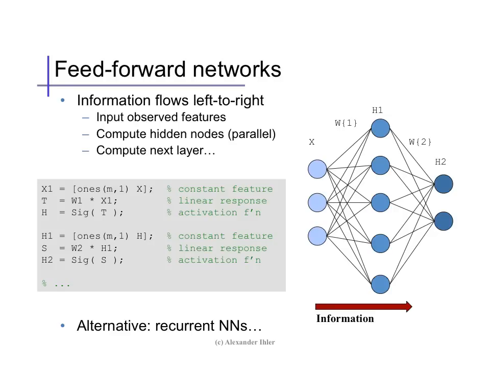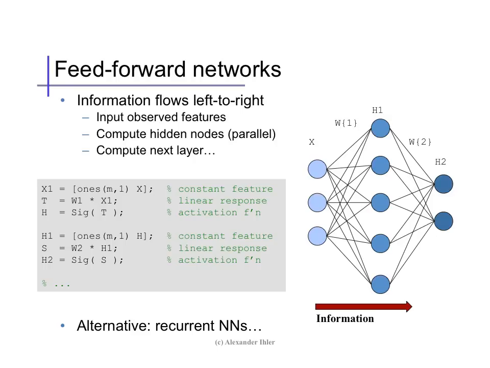We'll focus only on feed-forward models, in which the information and the computation flows from left to right in our drawings. From the input, the observed feature values x, through some hidden layers to the output or prediction. So for example, in this two-layer model, the input features x are used to compute the responses of the first linear layer.